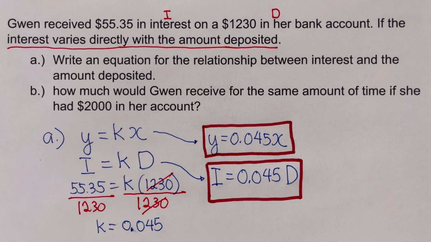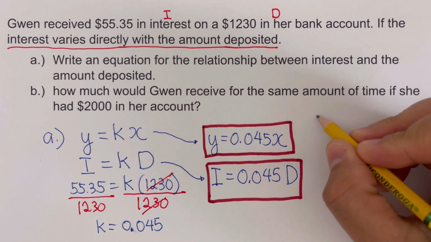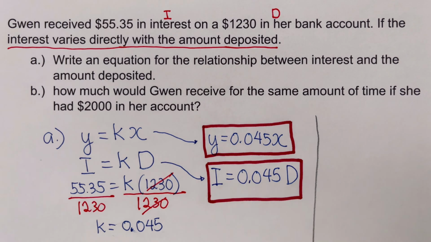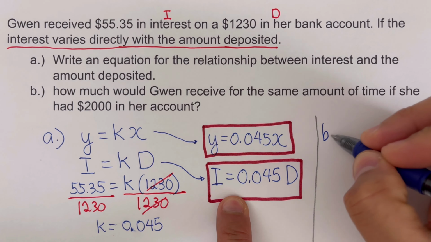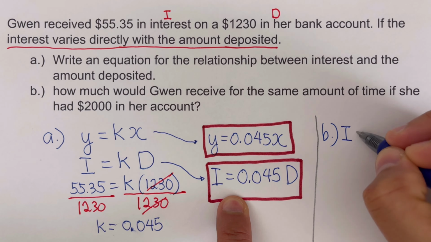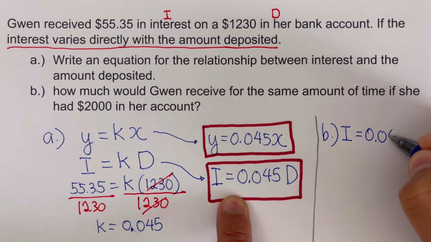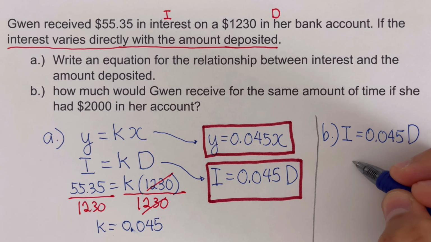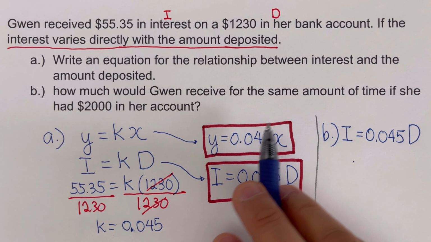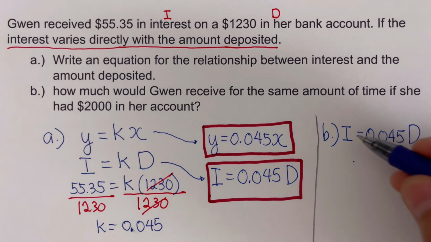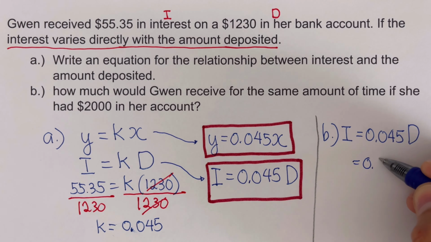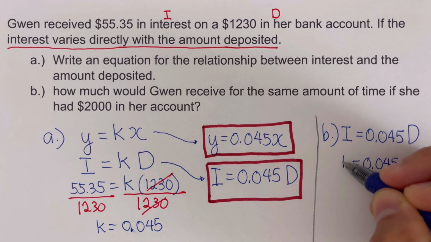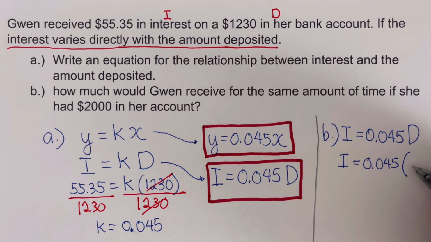So in letter B, how much would Gwen receive for the same amount of time if she had deposited $2,000? So let's use this one right here. Interest is equal to 0.045 times the deposit. We wanted to determine the interest. So that would be equal to 0.045, that's the k, and then the deposit is 2,000.